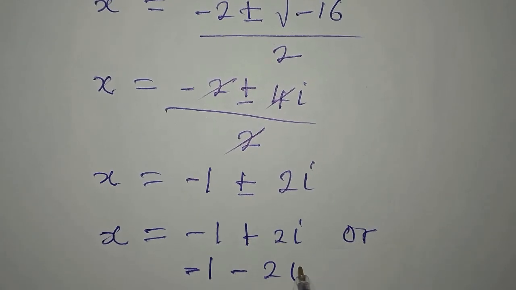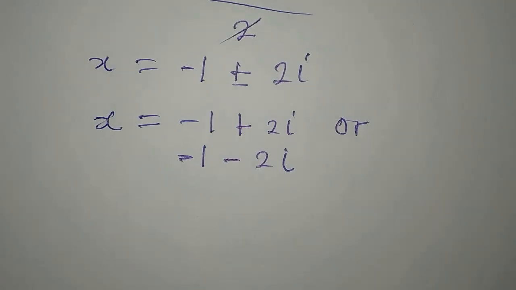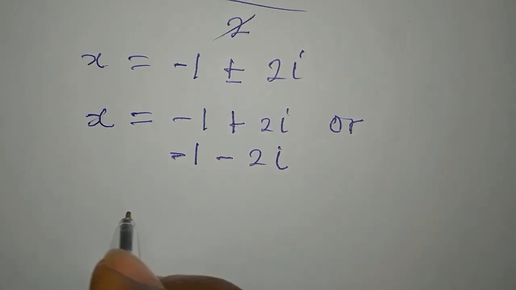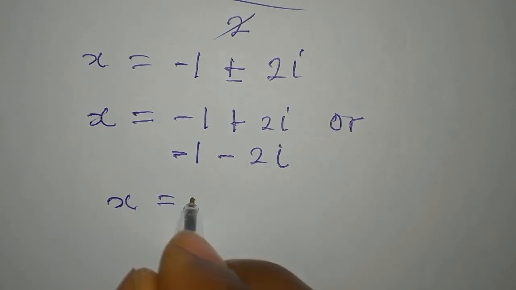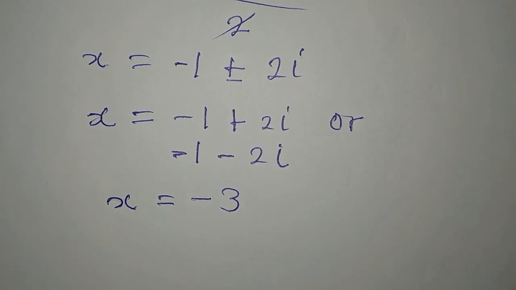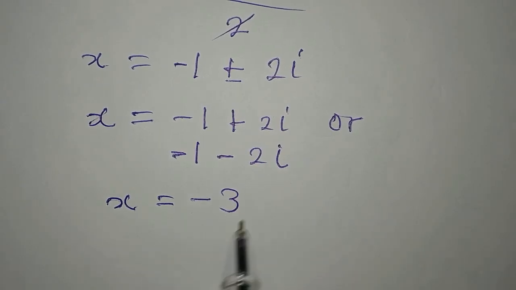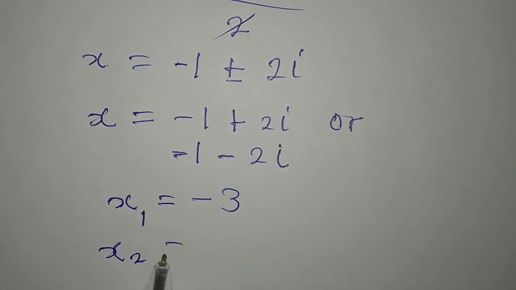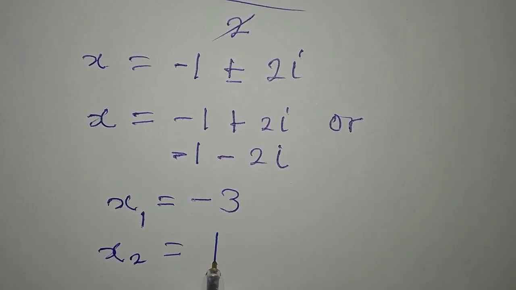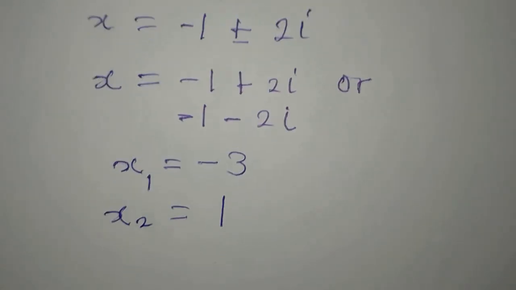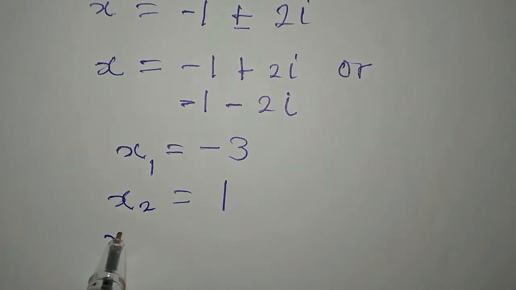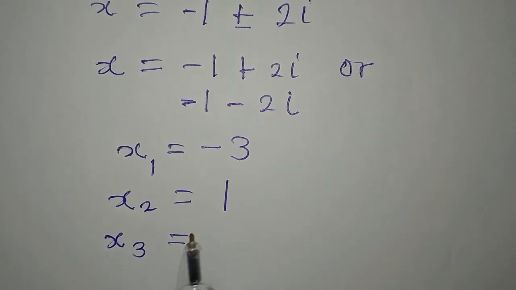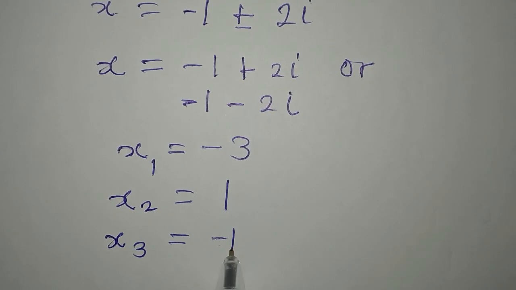So let's bring the four solutions together. The first, we got x to be equal to negative 3. Let's call that x1. Then x2 to be equal to 1. Okay, these are the only two real solutions. Then we got x3 to be equal to minus 1 + 2i.